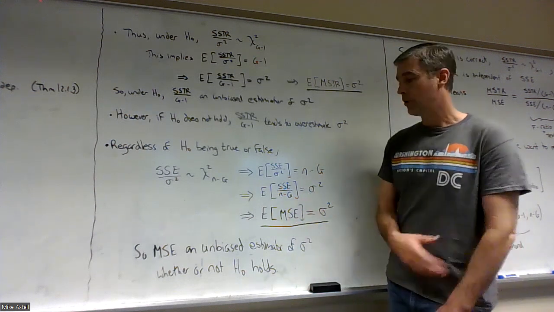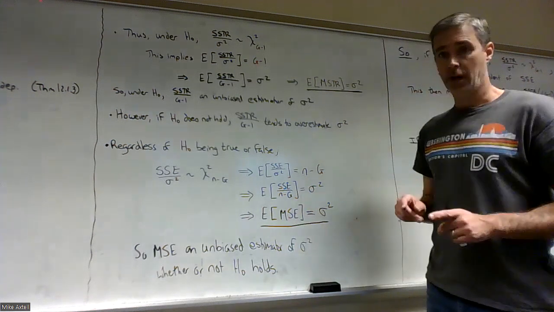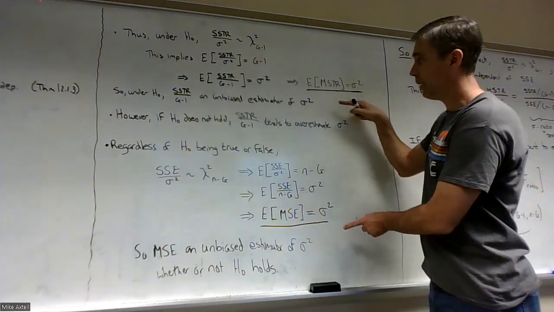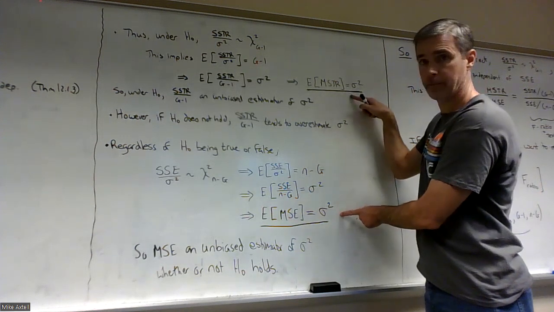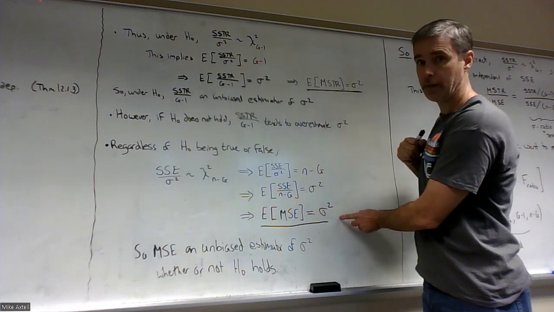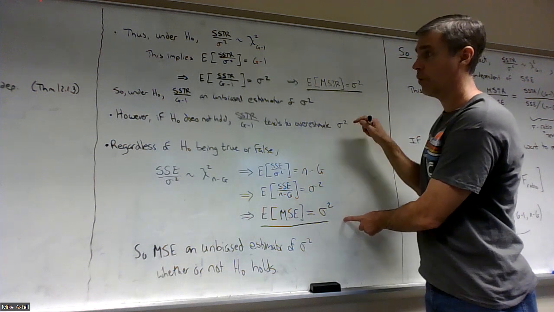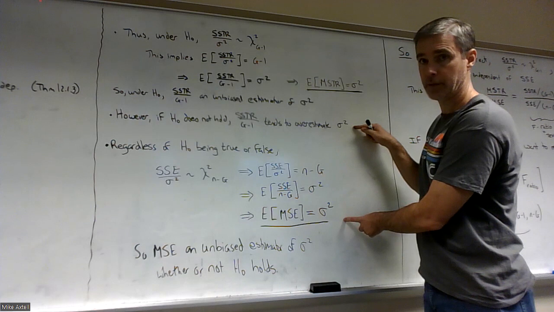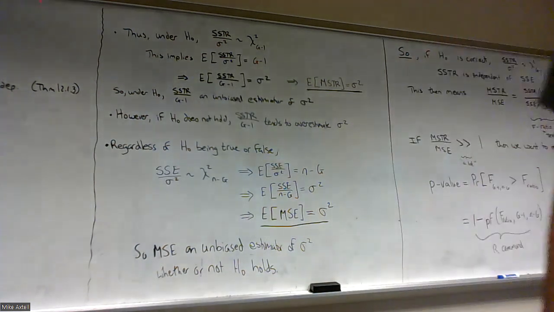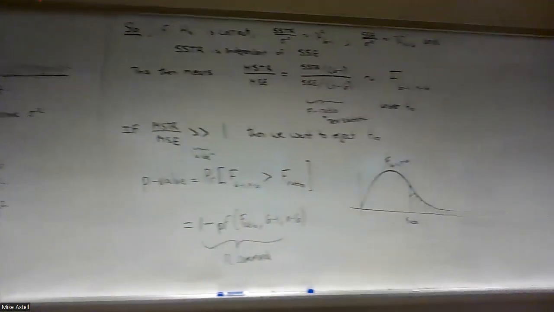So under H0, if the null hypothesis is true, I have two unbiased estimators of sigma squared. But if H0 is not true, I have one unbiased estimator and one estimator that tends to overestimate. Okay. And that's going to be the key to how we measure whether H0 is true or false.